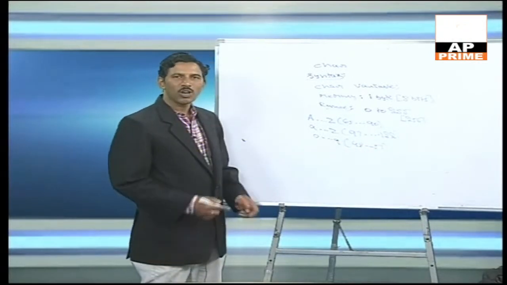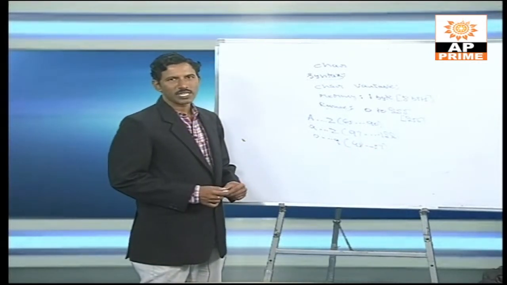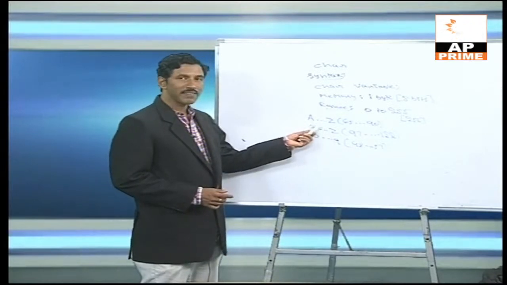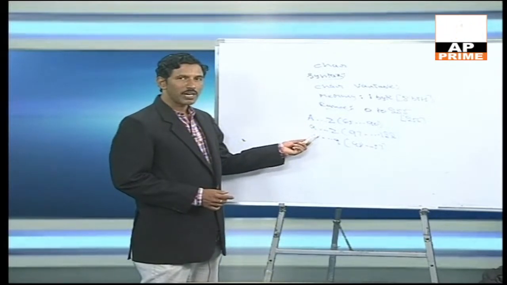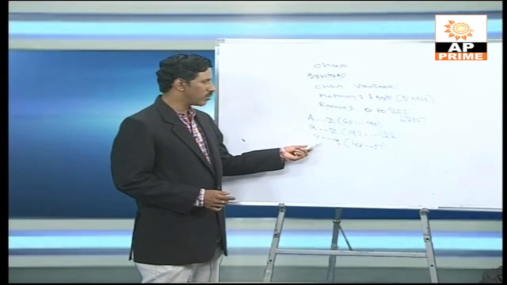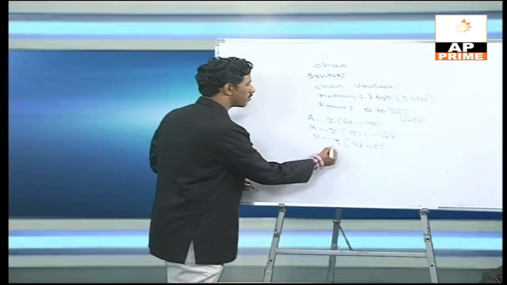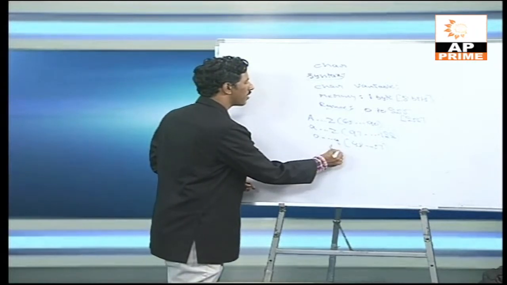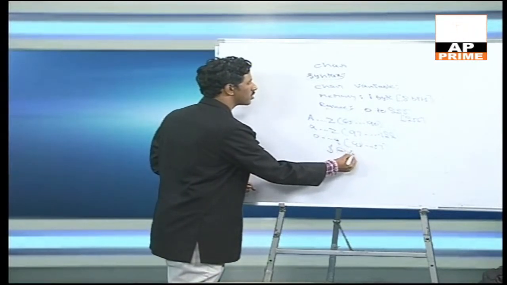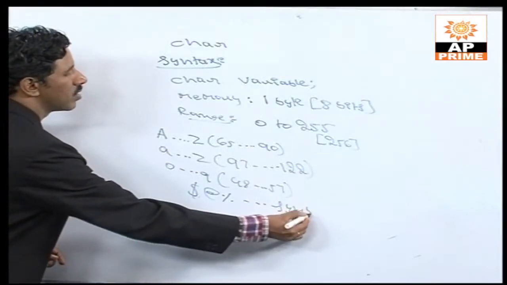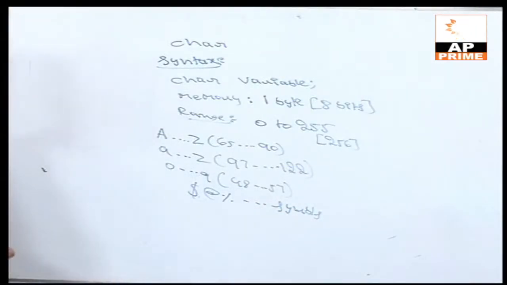And all the remaining ones are symbols, such as at the rate and percentage symbols. All of these are allowed under which data type? The character data type. Any character can be used.